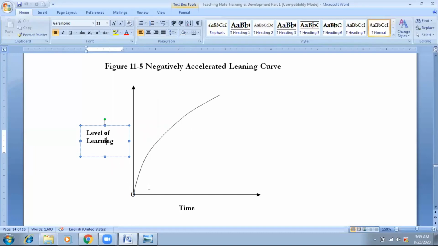So here you can see at the beginning, the level of learning rises very high, quickly. But when the time passes, of course, the total level of learning gets increased. When the time passes, the level of learning gets increased, but in a diminishing way.